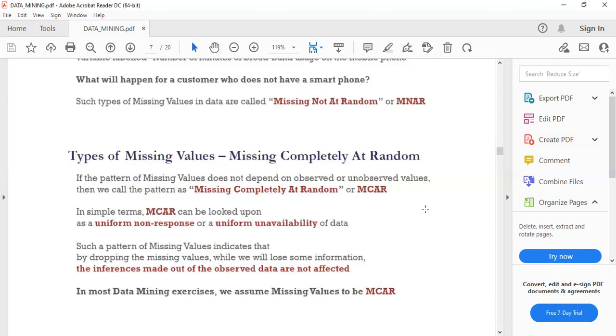So look at these types of missing values. Missing completely at random: if the pattern of missing values does not depend on observed or unobserved values, then we call the pattern missing completely at random.